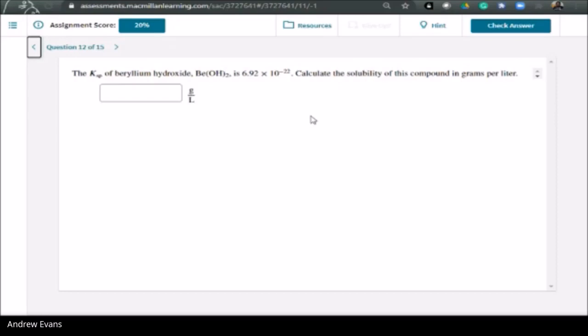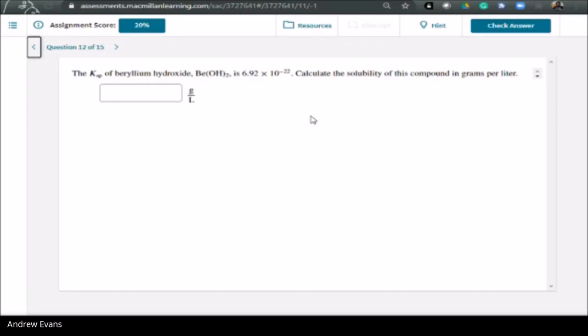So beryllium hydroxide, right? In the expression Be(OH)2 splits into Be2+ and 2OH-. We're going to have x and 2x as our E line. Setting up our KSP, we have KSP equals x times (2x) squared.